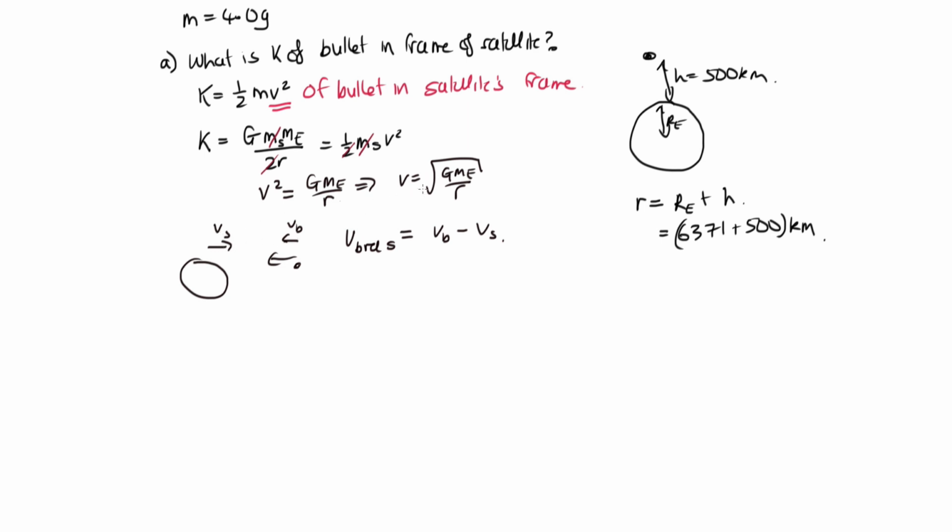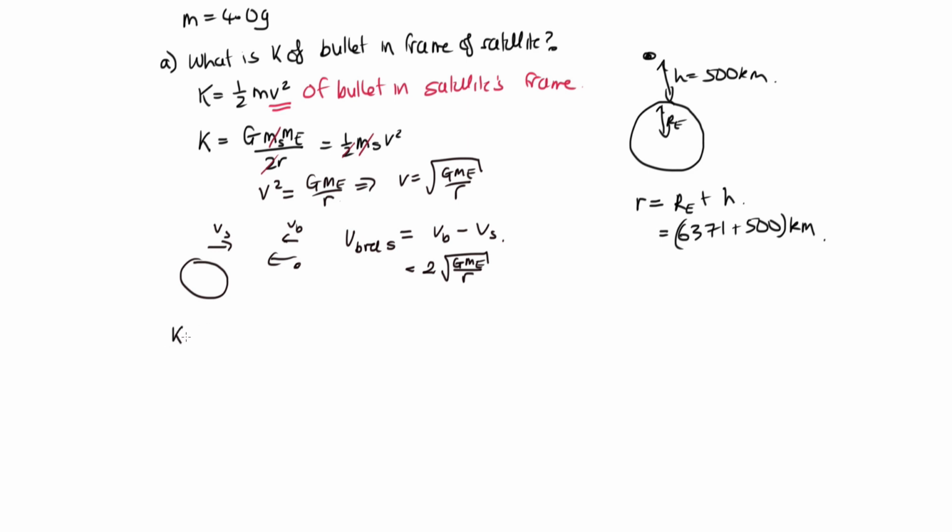So this expression, which we've just derived, defines both of these. This negative sign here will mean that these two end up adding together. And so we have that the velocity of the bullet relative to the satellite is equal to 2 times the square root of G times the mass of the Earth on r. Okay, so now we've got the relative speed, so that's what we needed to put in here.